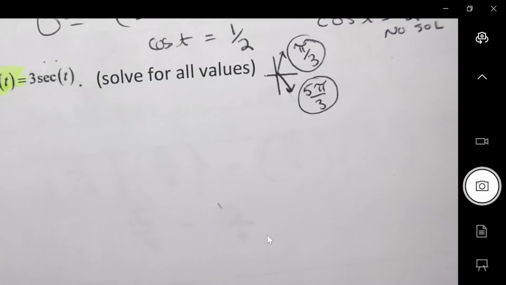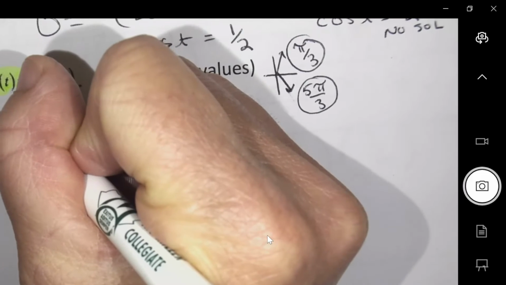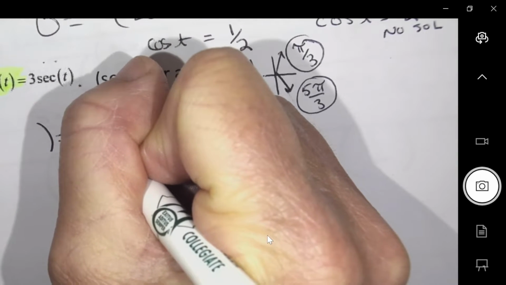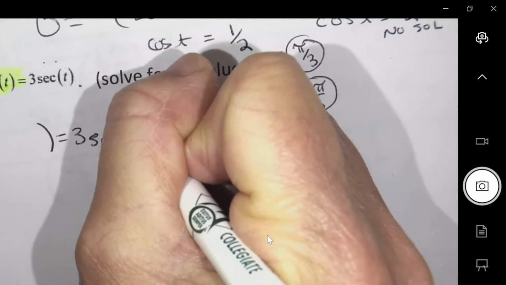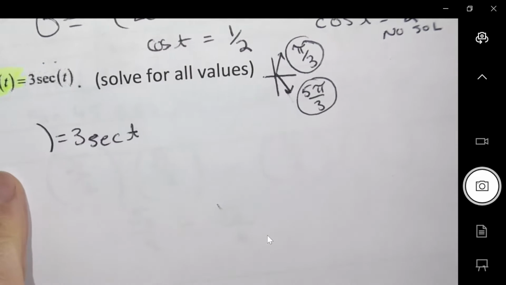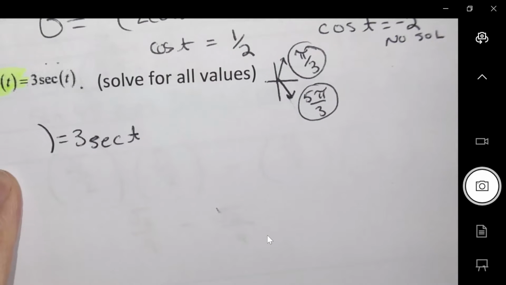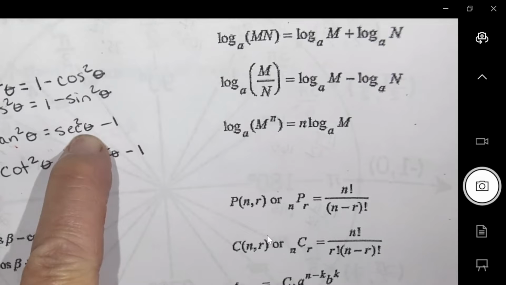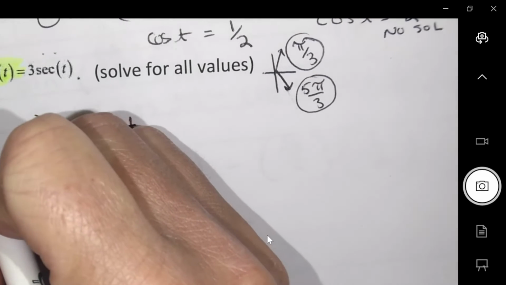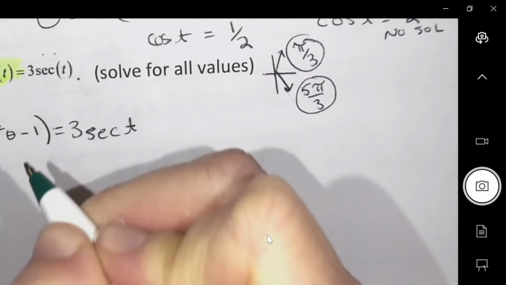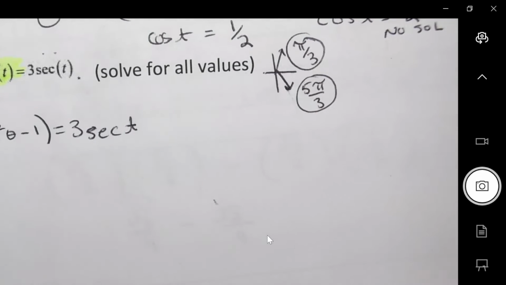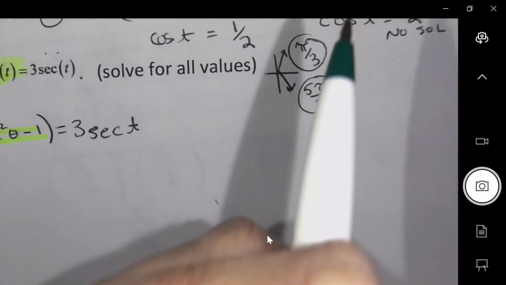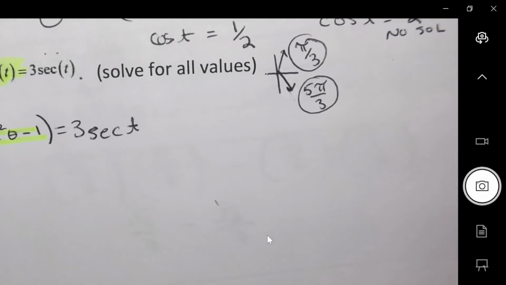So 2 times, okay, we need to replace tan squared. Do you find it? We actually already wrote it out. So tan squared is going to be replaced with secant squared minus 1. Okay, so that's the new step formula.